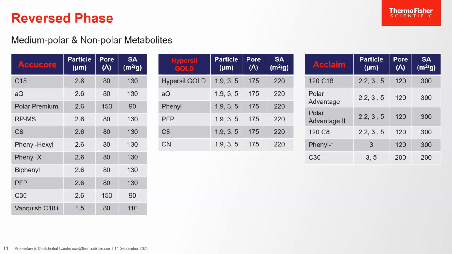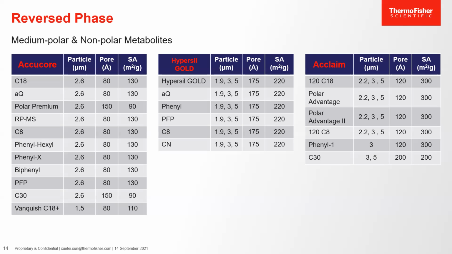One thing to point out is the particle size of our AccuCore. Like I said before, it's the 2.6. It does not vary, except for the C18 plus. If you look at the Hypersil Gold and the Acclaim, that's where you're going to get more particle differences between the actual columns. That's also going to give you your largest variation between the columns.